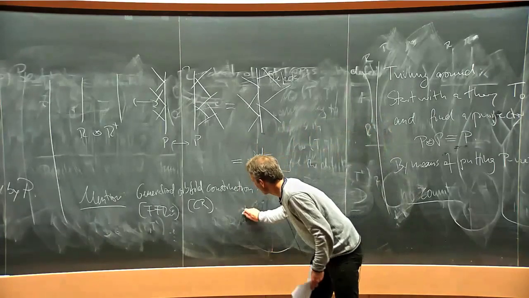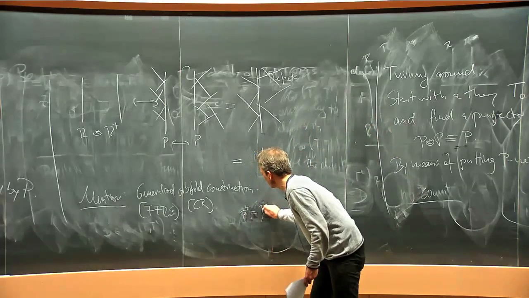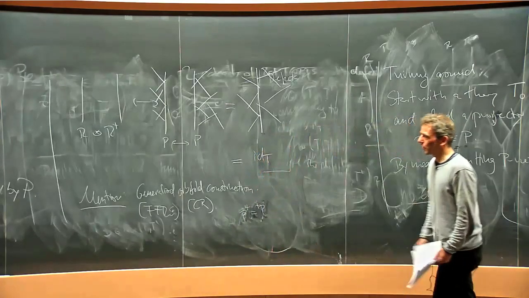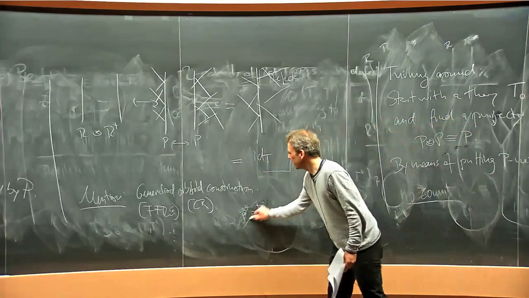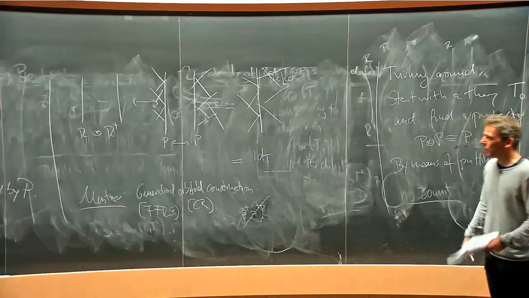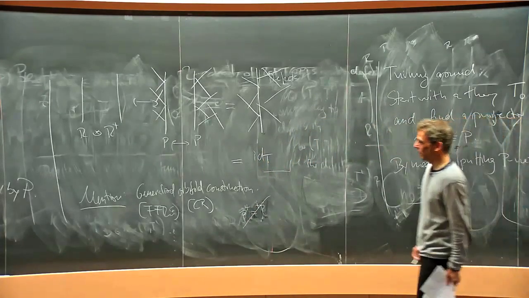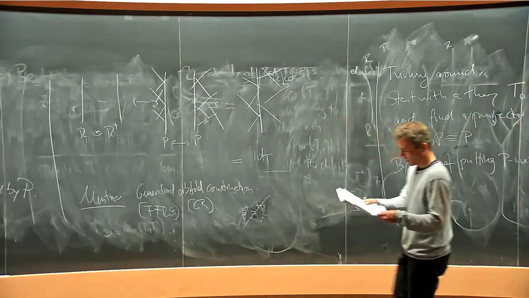So they usually assume pivotality, and this was very important for their construction, and we don't need this. So in a sense, what we do is some kind of generalization of a generalized orbifold here.